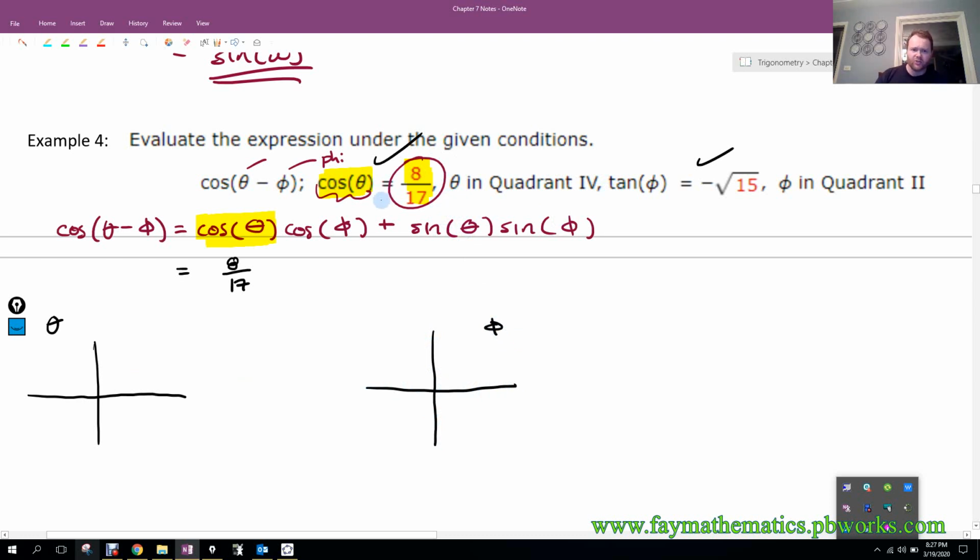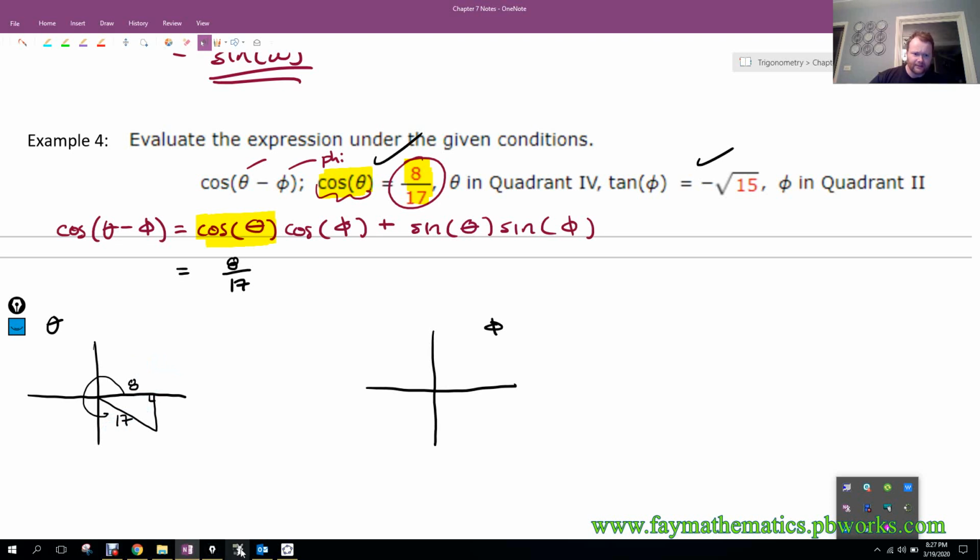So cosine of theta says 8/17, but theta is in quadrant 4. So here would be theta. Remember doing this process. Cosine is 8, so that's 8 adjacent. So adjacent over hypotenuse. So 8/17. So this is a Pythagorean triple. Okay.